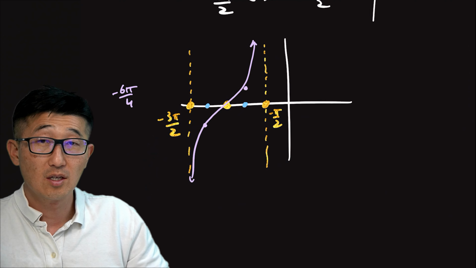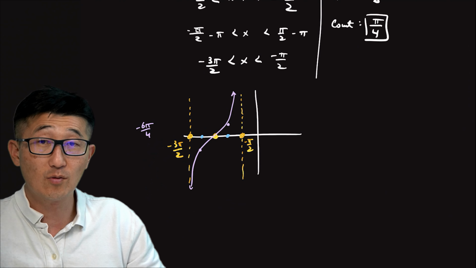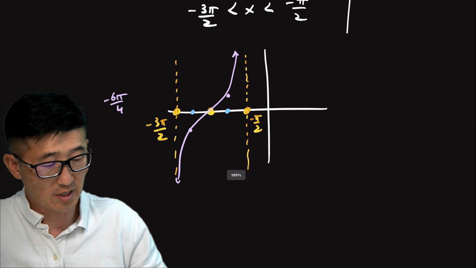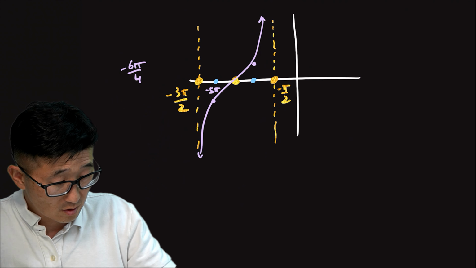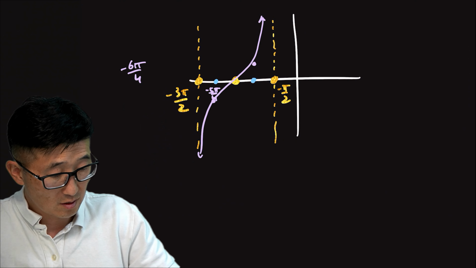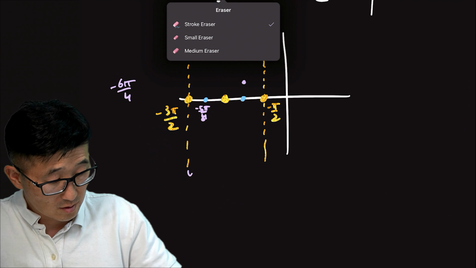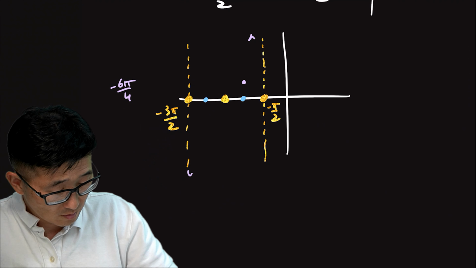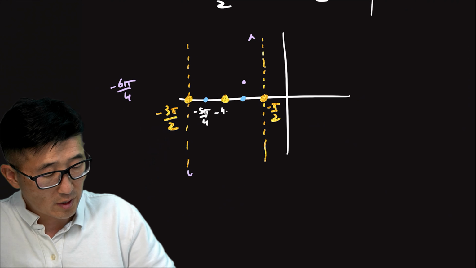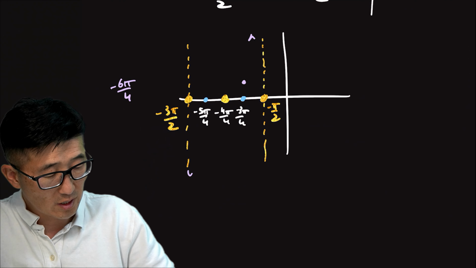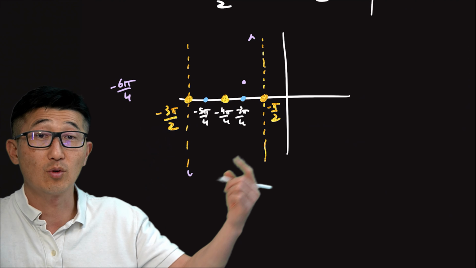Yes. So let's keep on adding pi over 4 to negative 6 pi over 4. So the next one should be negative 5 pi over 4. Right? Yes. And then plus another pi over 4, negative 4 pi over 4, negative 3 pi over 4, and then it ends with negative 2 pi over 4.